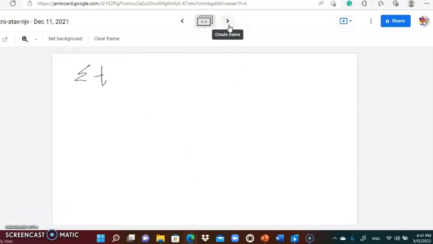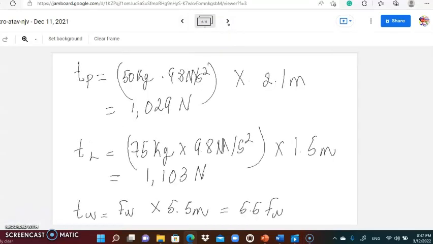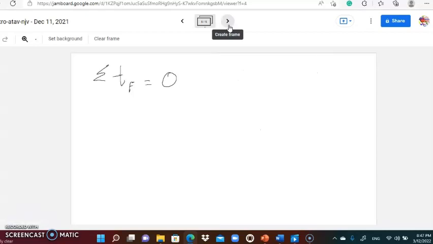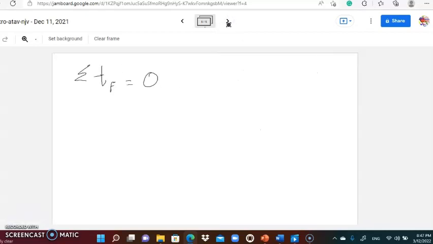We know that the sum of torque forces must be equal to 0, such that the forces that are going to cause my ladder to rotate anti-clockwise, the torque force of the person and the torque force of the ladder, plus the force that is going to cause the ladder to rotate clockwise must be equal to 0.